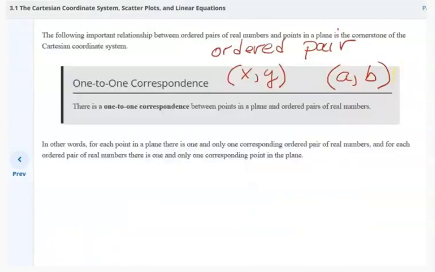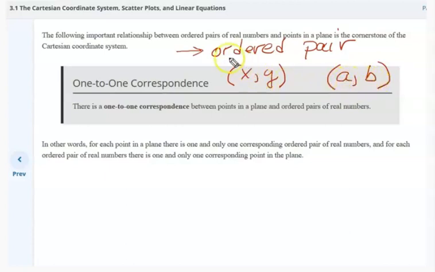Now, we sometimes refer to this statement, a 1-to-1 correspondence. This refers to the ordered pair. The x, again, applies to the number line, the horizontal axis, and then the y, the vertical number line, the y-axis. Now, sometimes you will have an ordered pair listed as, let's say, an (a, b).